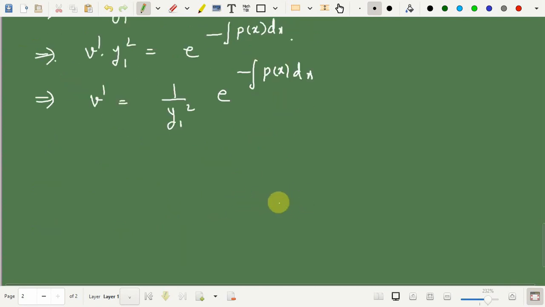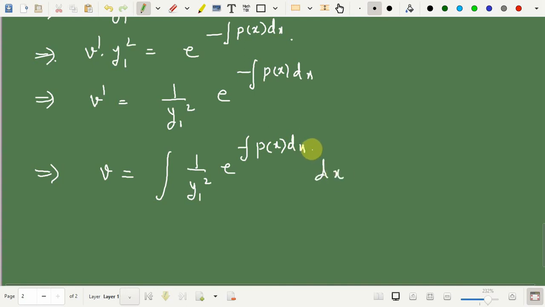And so if I integrate this again, I get the value of v, that is same as the integral of 1 upon y1 square e raised to the integral of minus p of x dx, the whole thing, dx.